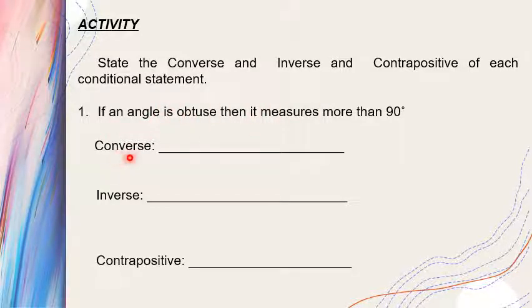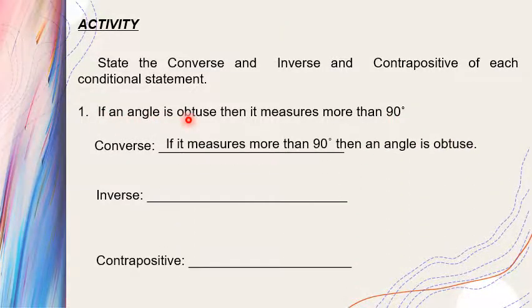When we say converse, that is if Q then P. This is the P and this is the Q. So we use Q first: if it measures more than 90 degrees, then an angle is obtuse. So this is the answer.